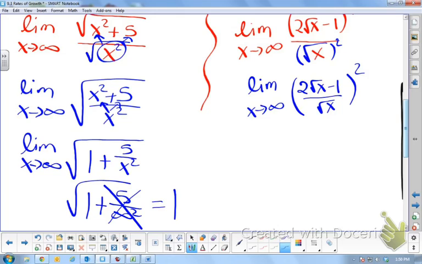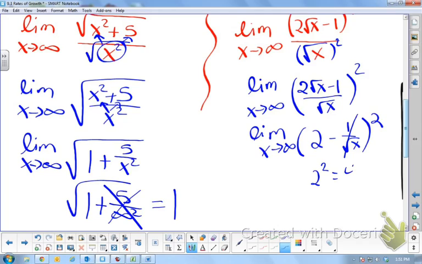So we divide in, we get 2 minus 1 over square root of x. We plug in infinity. What happens when we plug in infinity? It's 2 minus 0. 2 minus 0, 2 squared is 4. Now, did it matter that our limits did not match? No, because they still have the same conclusion.